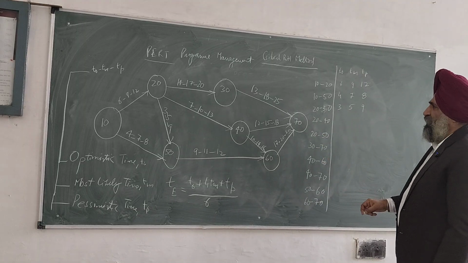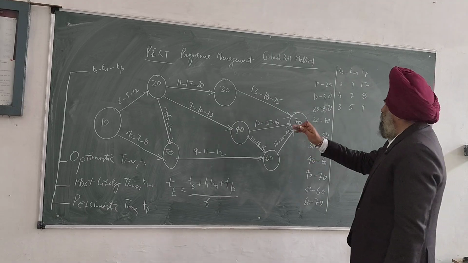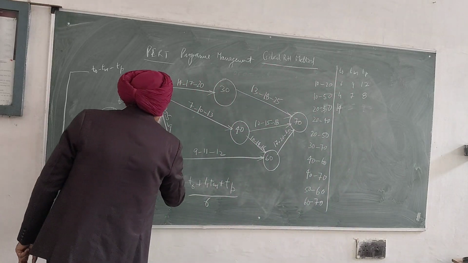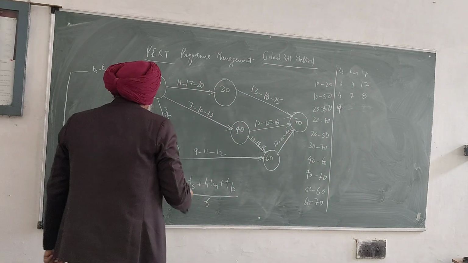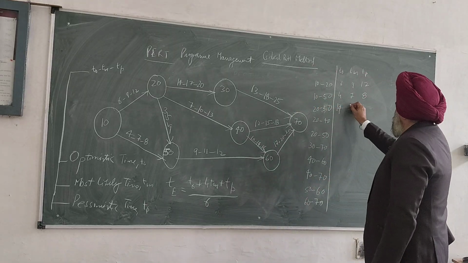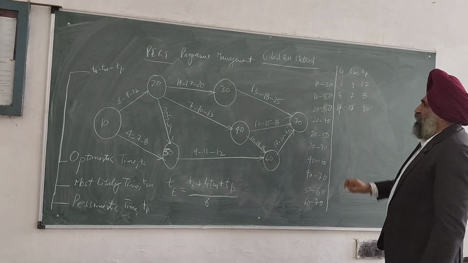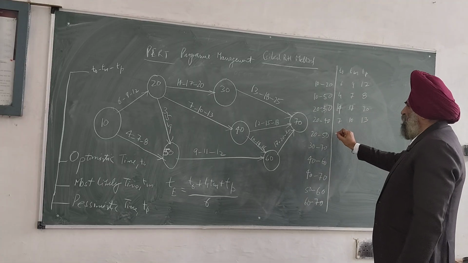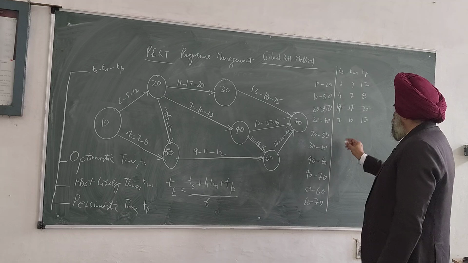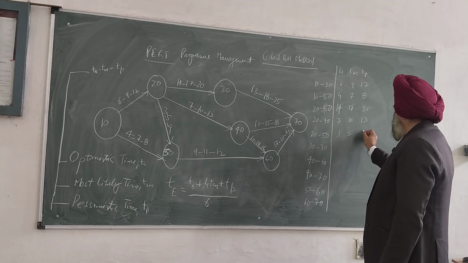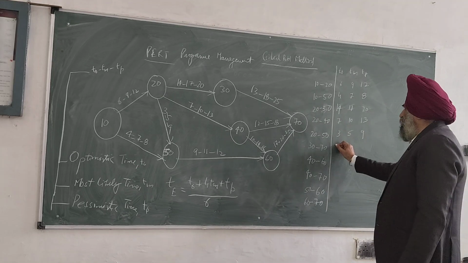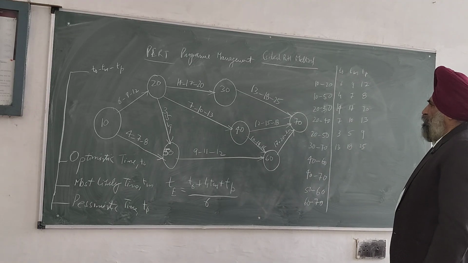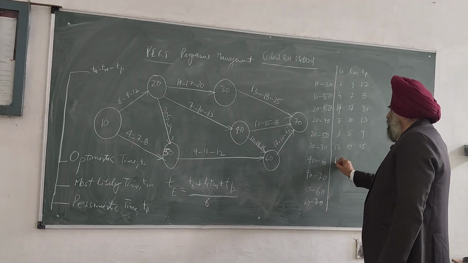Sorry, this is 14, this is 50 actually, not 30. Don't get confused, this is 50. 14, 17, 20. 20 to 40, it is given: 7, 10, 13. 20 to 50, it is given: 3, 5, 9. 30 to 70: 13, 18, 25.